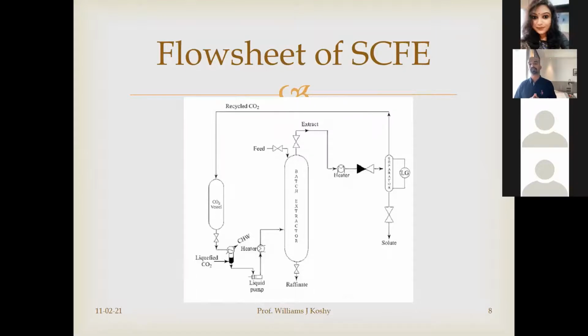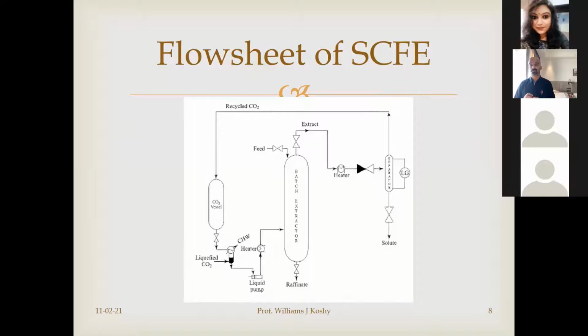This supercritical CO2 I will introduce inside the batch extractor, where the substance to be extracted is already fed in. We have already filled the feed inside it. Now the raffinate is going to go down from the bottom, but before that our extract, that is the supercritical solvent plus my solute, both will go from the top and it would first go through a heater where its temperature is slightly increased.